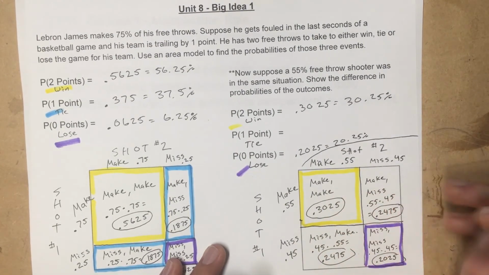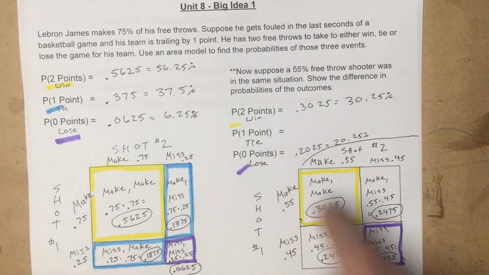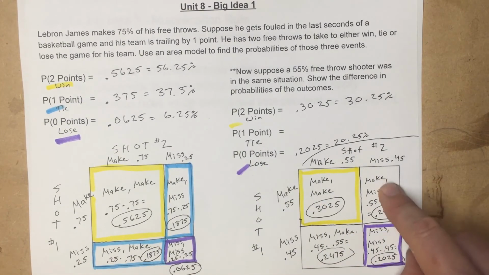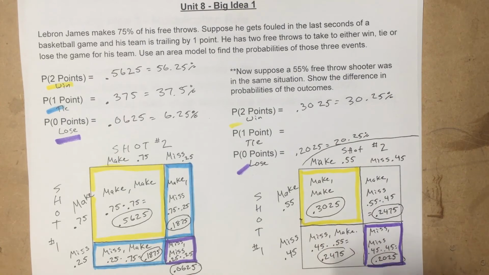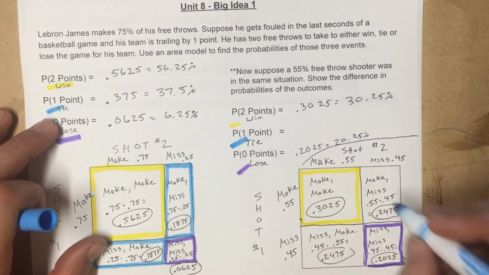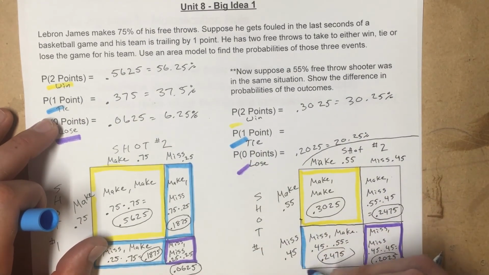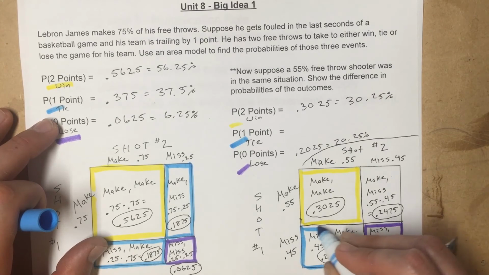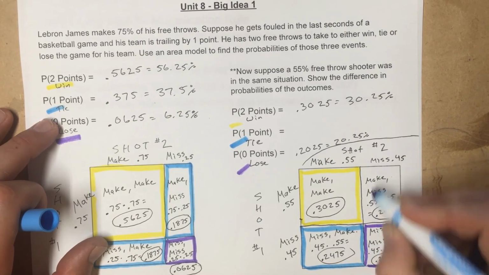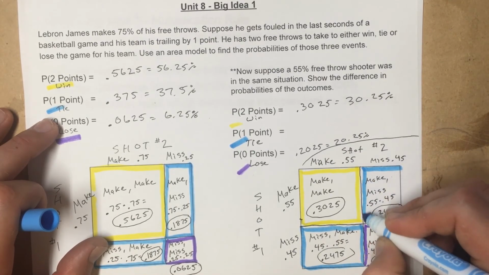And then again, this is he makes one and he misses one. This is he misses one and he makes one. So both of those cases, he's getting 1 point. So the probability of getting 1 point is a combination of this box right here and this box right here.